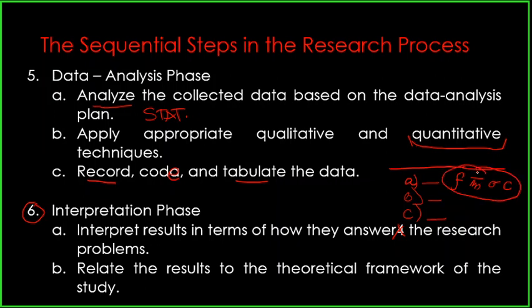And then you relate that with your literature dun sa nabasa mo. Do they coincide, or do they negate your readings? And then you explain why. You also have to confirm, no? Through coming up with additional interviews siguro or follow-up researches.